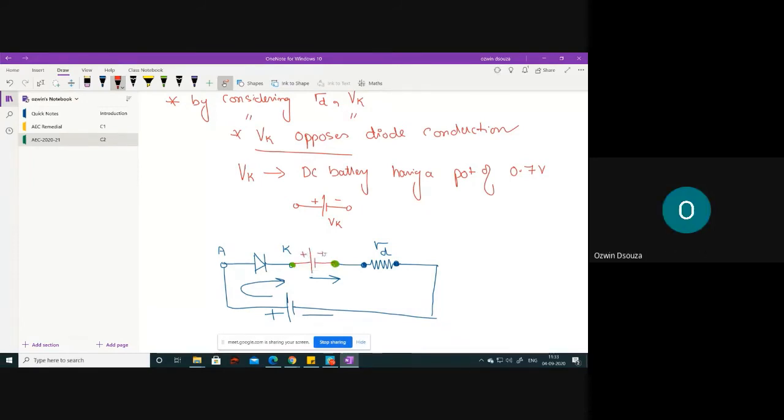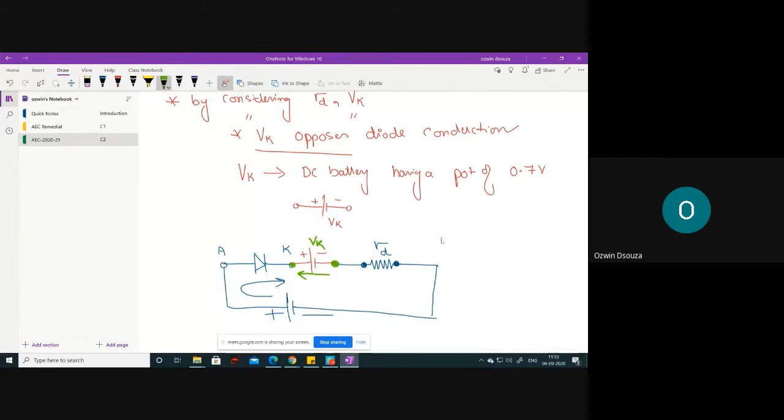This is plus and this is minus. Now, is it making sense? Yes, sir. Now you see, this Vk is trying to send the current from negative terminal to positive terminal, which is opposite to the circuit current.